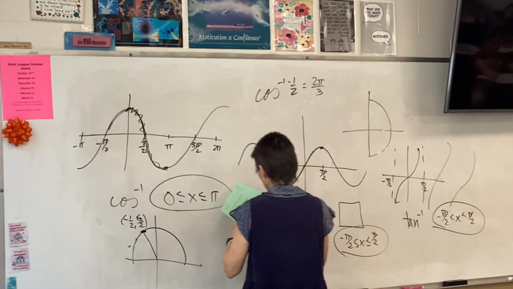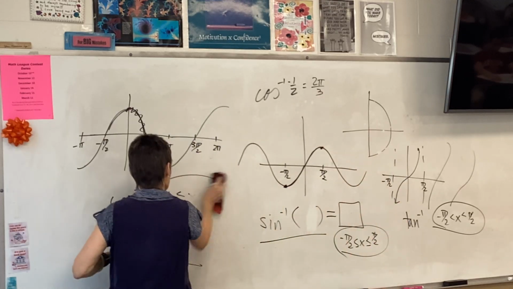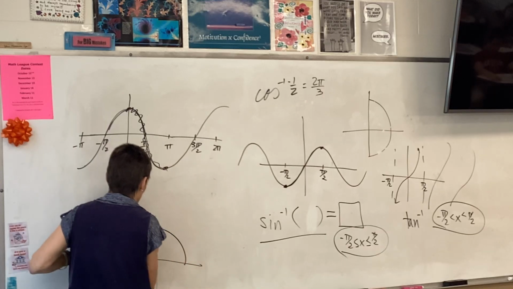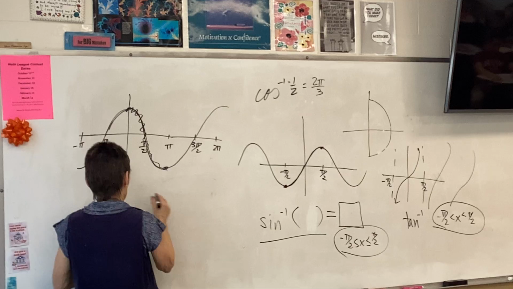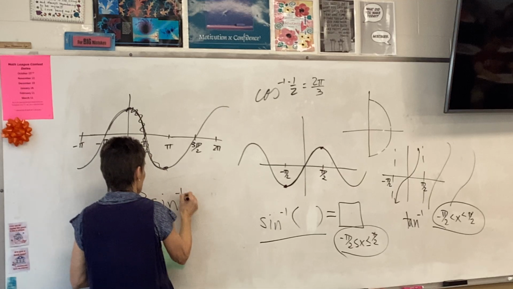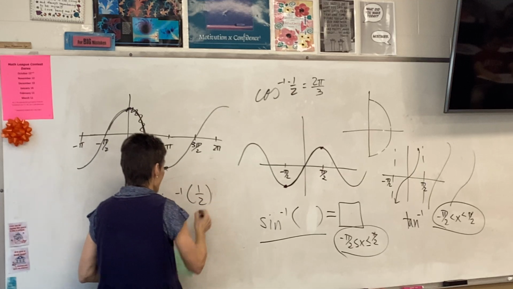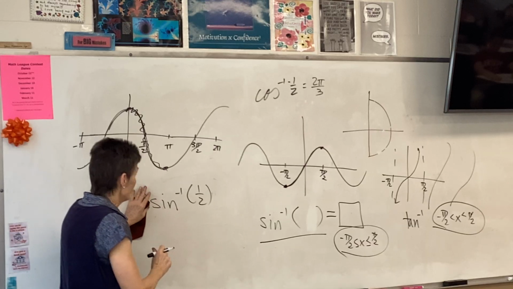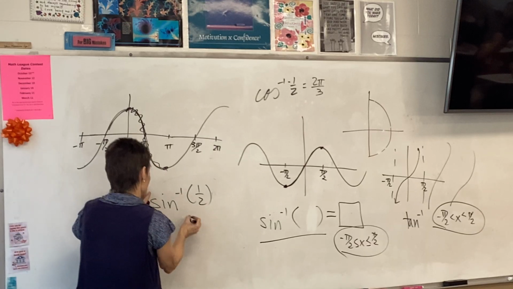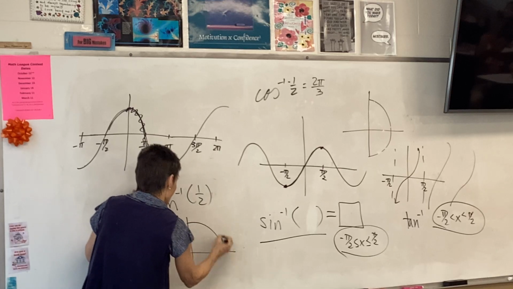One of them said, find 3 times the angle whose sine is 1/2. Now forget about the 3 for a minute, that's just a coefficient. All right, this is a sine, so I'm going to be looking here.